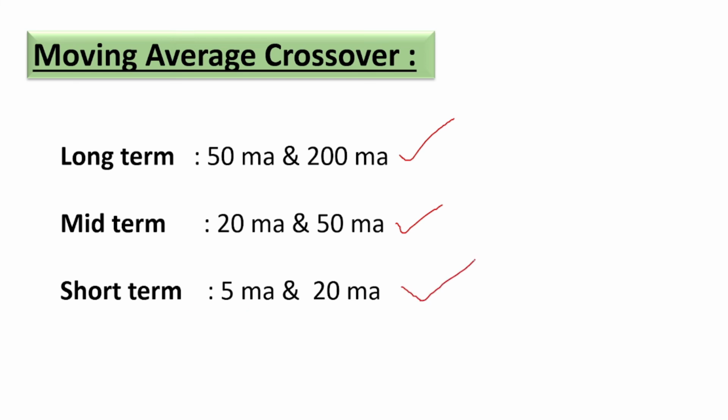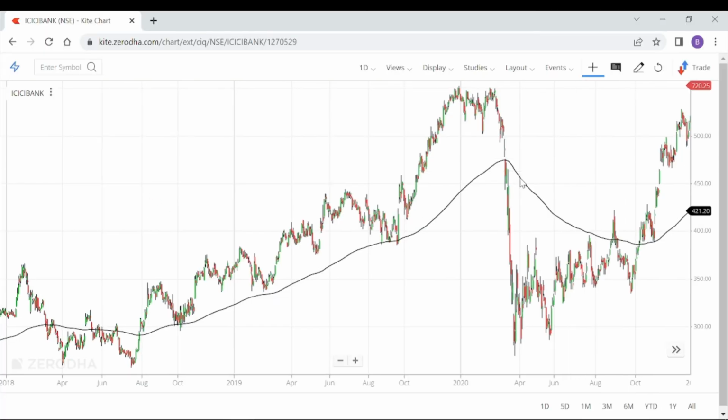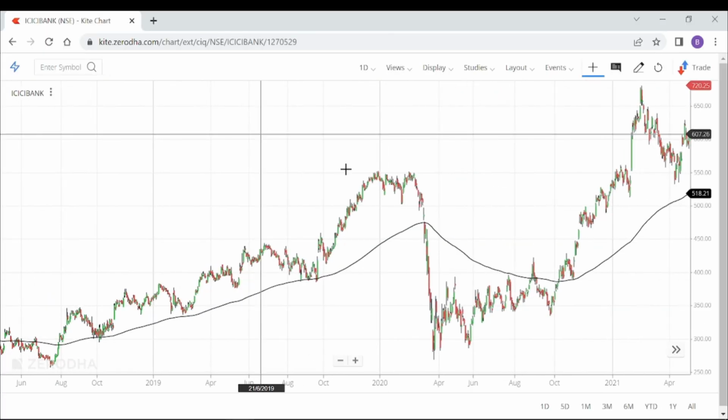It need not necessarily be an exponential moving average, it could also be a simple moving average, but try to use both the same, either simple or exponential. Now let's use them on the chart and see how one can take a position based on a moving average crossover. So we are back again on the ICICI chart.